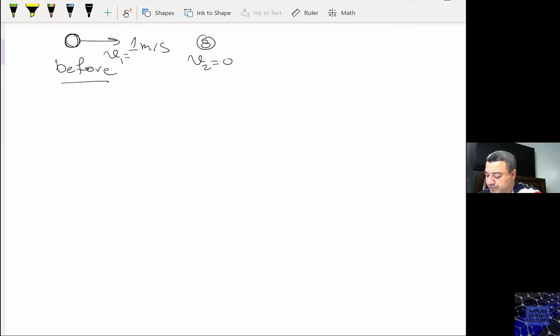So this is the before. Both of them have the same mass. For the after, I have the cue ball going this way with an angle of 53 degrees.